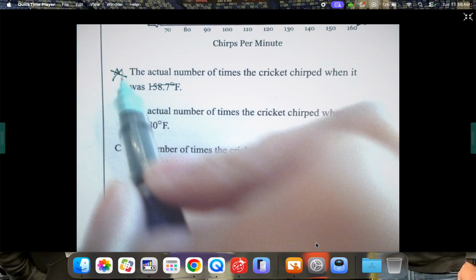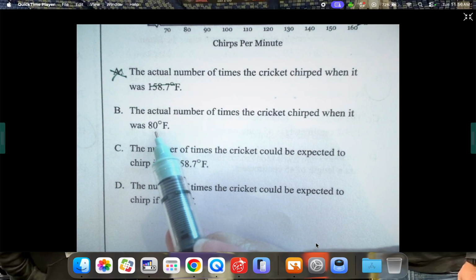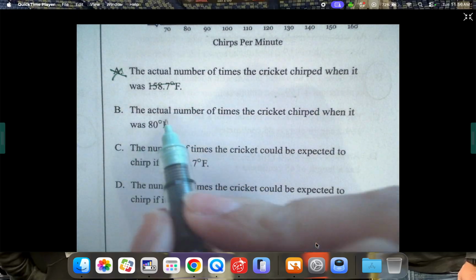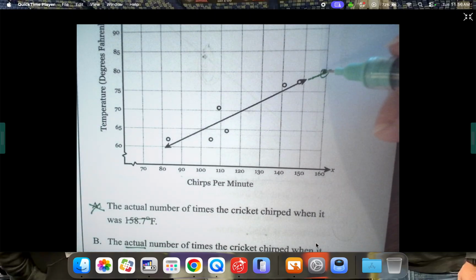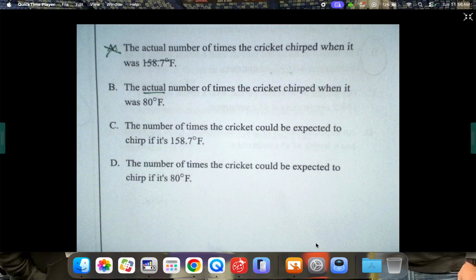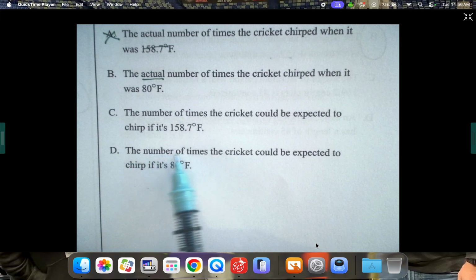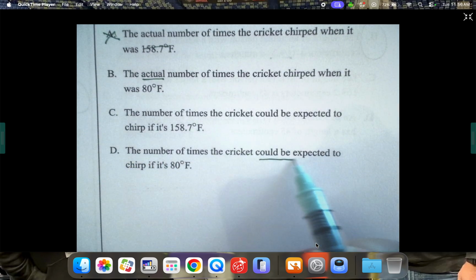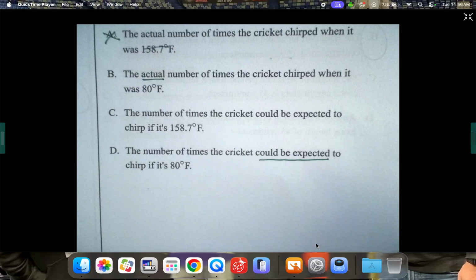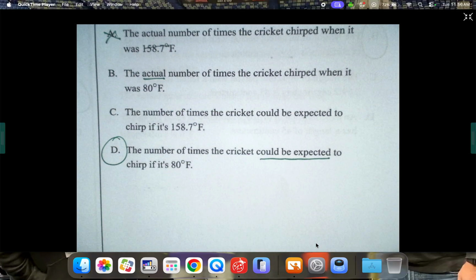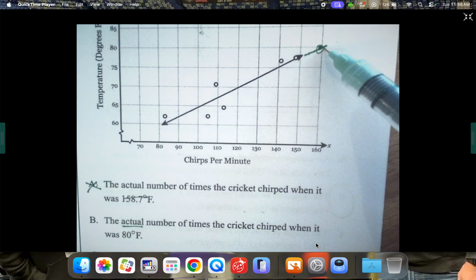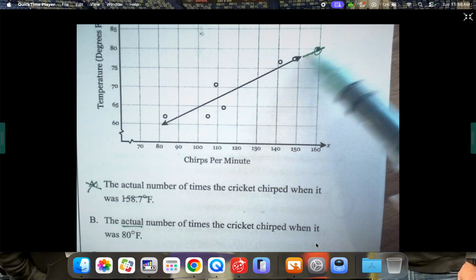So definitely not A. When it's 80 out, yes, but it's not the actual number because there isn't a data point there. It's the amount that it should. So let's look at D, the number of times it could be expected to chirp. That one's the one it is because we don't have an actual data point there. It's just where the trend would continue if we followed our line, if there was more data up here.